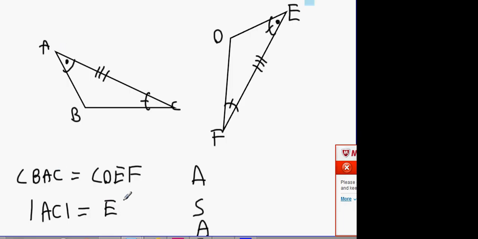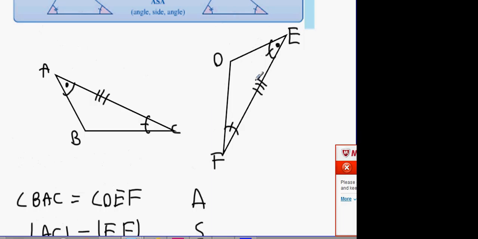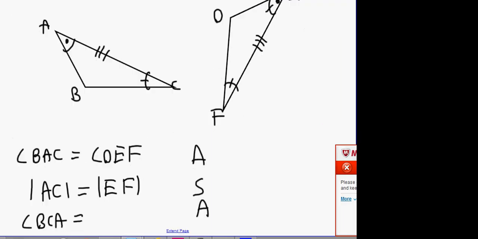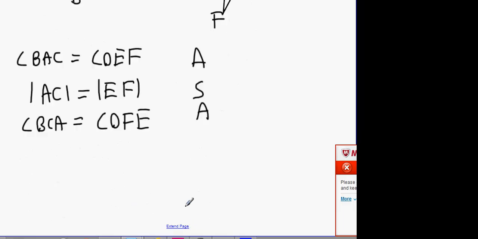Well done. And find the last angle. What's the last angle? BCA. Well done. Equals what? DFE. Okay, guys. The triangles ABC and DEF are congruent.